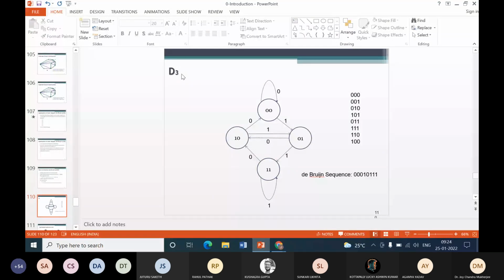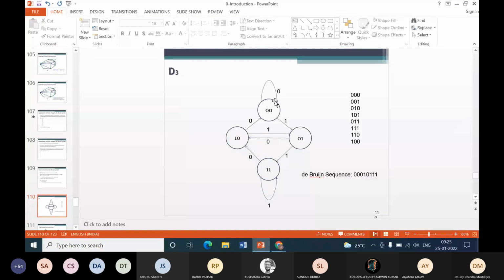So 0 0 and 0 1. Okay, so its last entry has 0, its first entry has 0. So I will put an edge here. Okay, this is 0. Again we come back to this. So its first bit has 0, its last bit has 0. So there is a self loop.